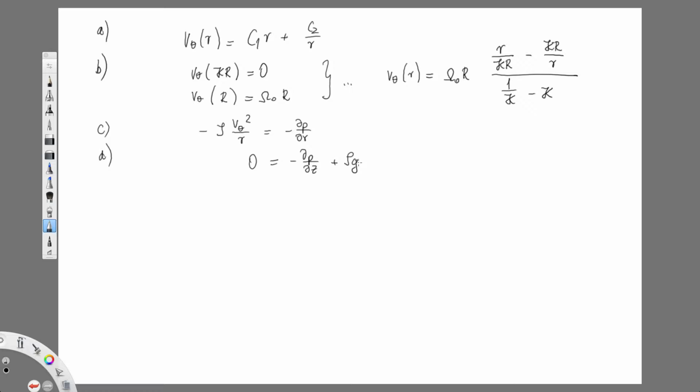So let's actually compute this force so we can do the balance. If I have the outer cylinder, I'm interested in the total force exerted by the fluid on the outer cylinder. I could also do a similar calculation for the inner cylinder, and those two would balance. So because I have this theta velocity, what is the shear stress that I should be looking at?